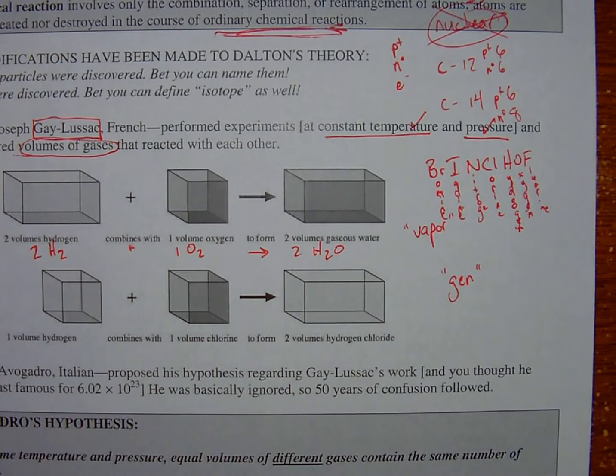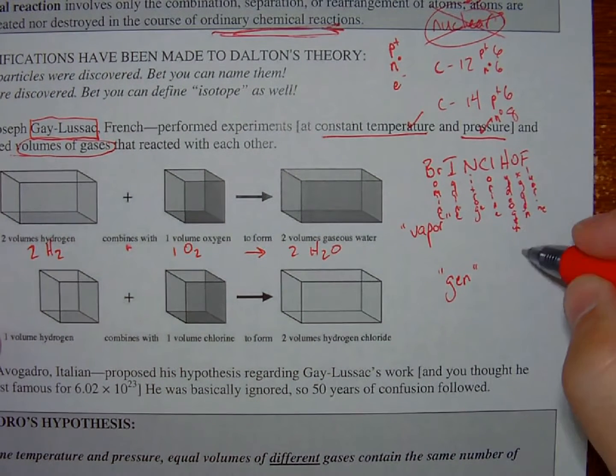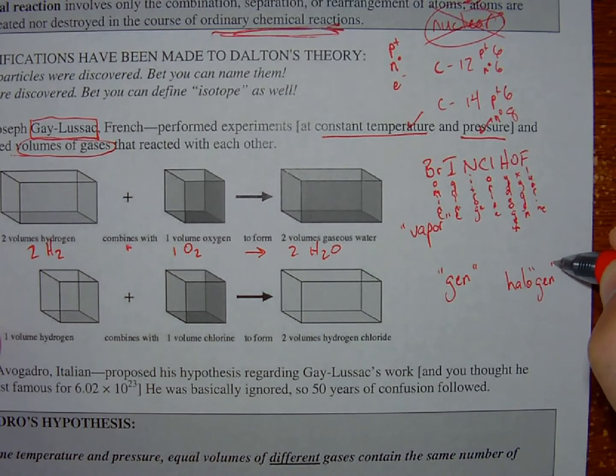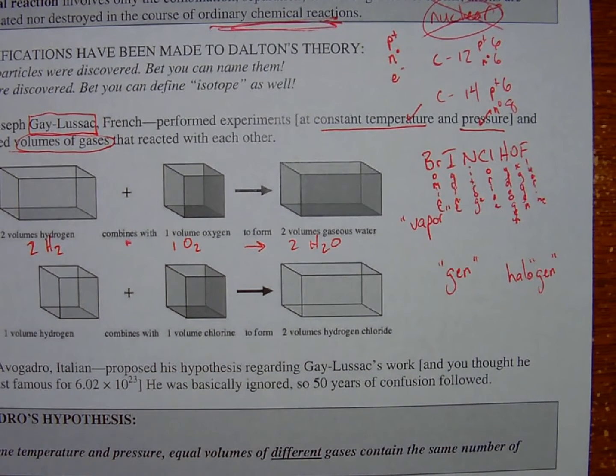Those don't end in gen. Well, guess what? Those are all halogens, in group 17 on the far right side of the periodic table. They're all in the same group. They're the halogens, right? So these diatomics: nitrogen, oxygen, hydrogen, and all the halogens. Those are diatomic.